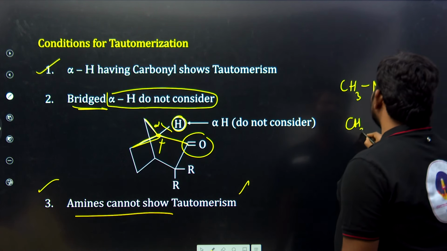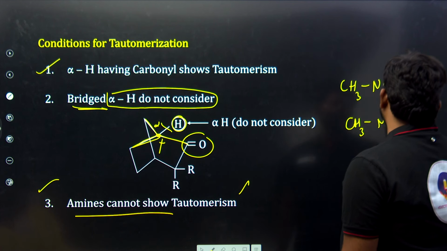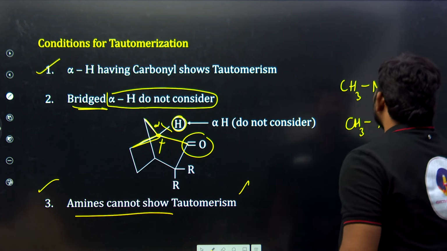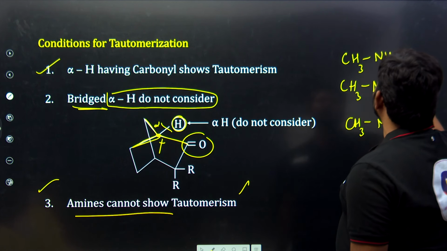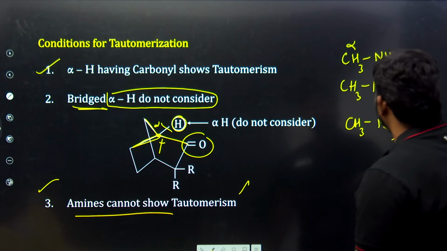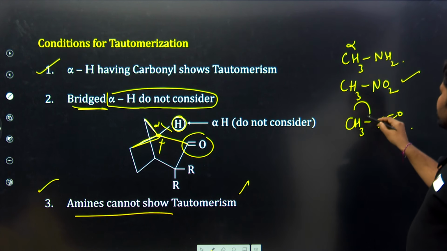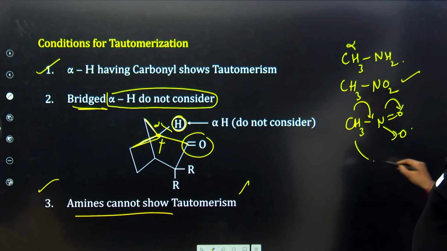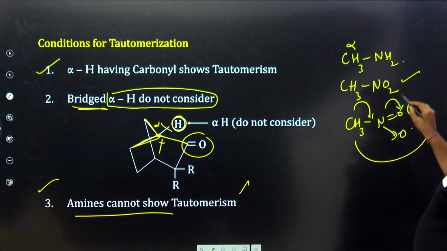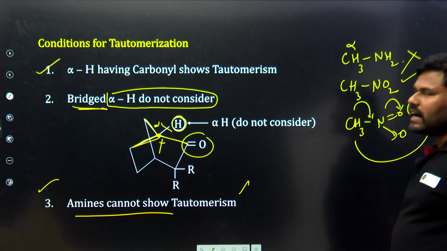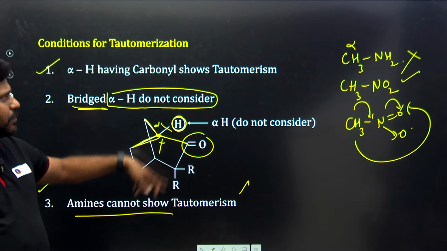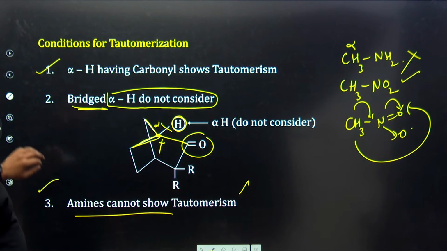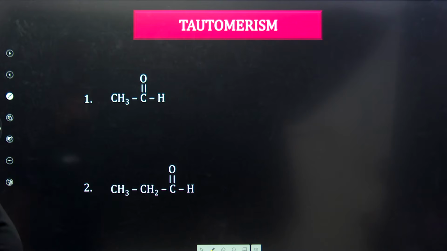Because I write CH3, N double bond O, and a dative bond to O. But for an amine, alpha hydrogen is there but double bonds are not there. So a nitro compound will show tautomerism, but amines cannot. These 3 points are very important. If you learn these 3 points, total tautomerism will be easy, right?